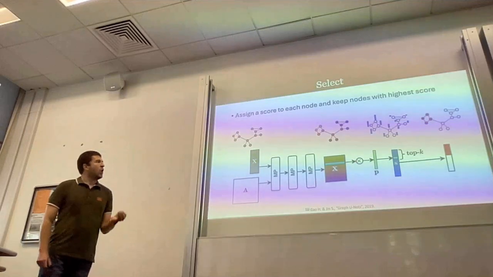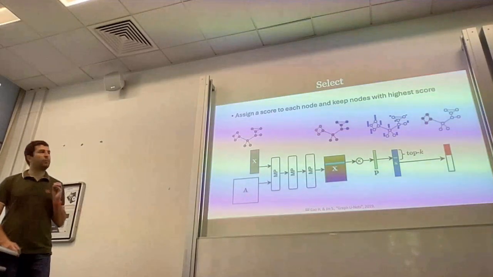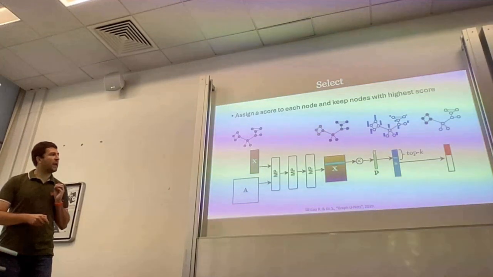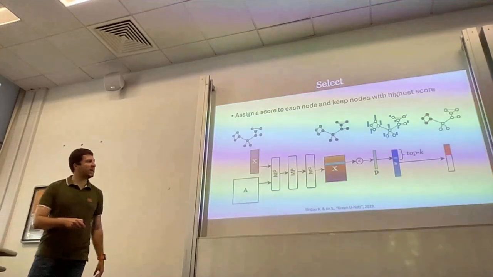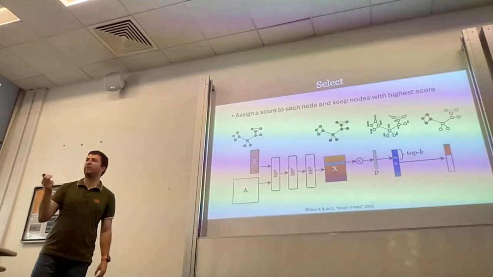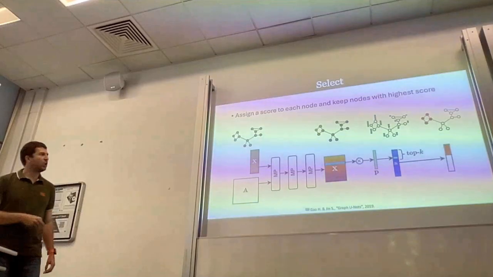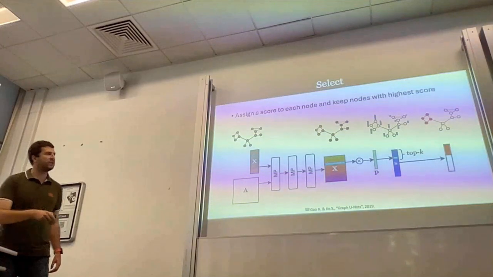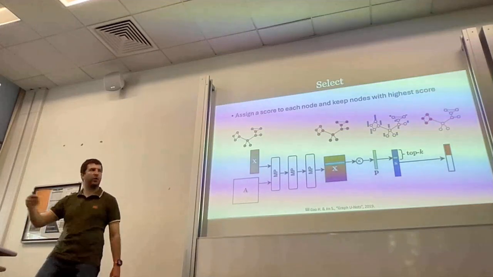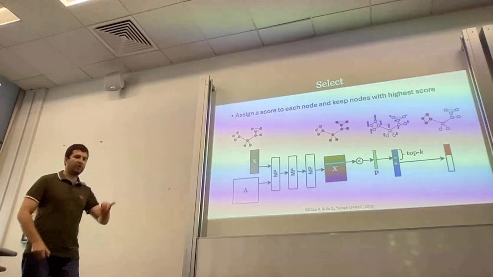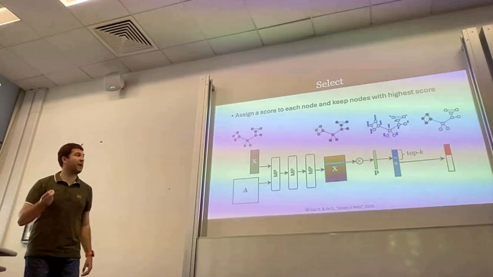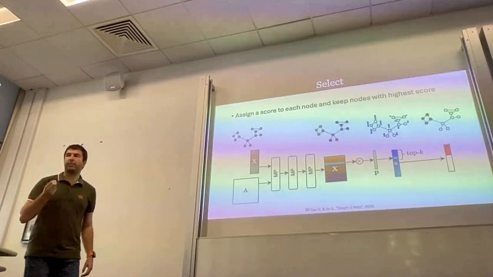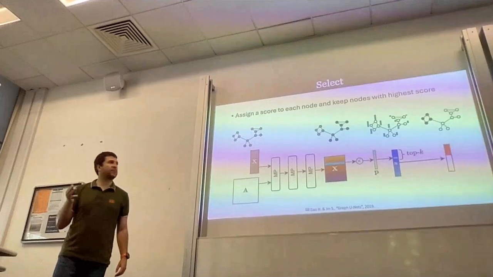What this pooling operator does is apply a projection vector to each of these node embeddings and then extract a single value out of it. Let's say that our features here have dimension, I don't know, 64. We apply a projection vector of size 64, and we end up with just one value. This value represents the score of that specific node.